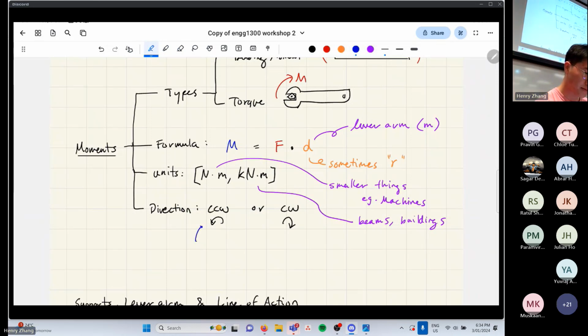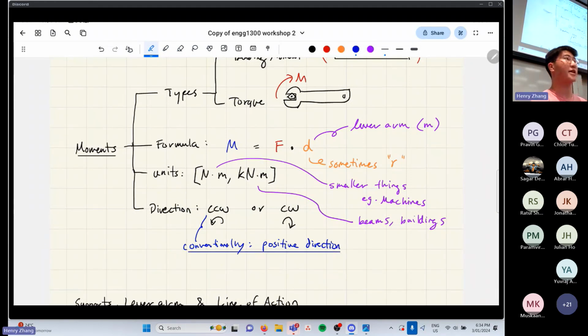But conventionally, counterclockwise is the positive direction. And you'll see how this plays into the questions later when we're using our equations of equilibrium, taking the sum of the moments.